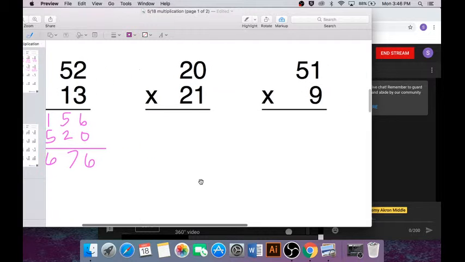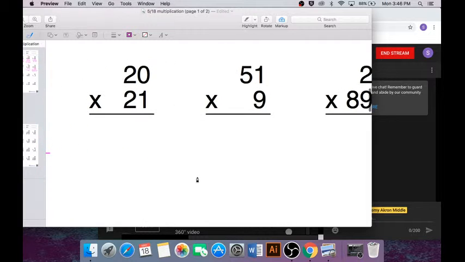Our next one, we have 20 times 21. 1 times 0 is 0. And 1 times 2 is 2. We're going to move over to the 2. 0 to hold our place. 2 times 0 is 0.